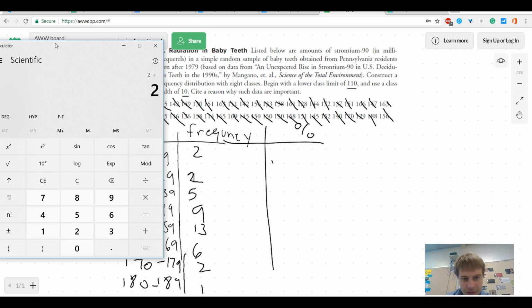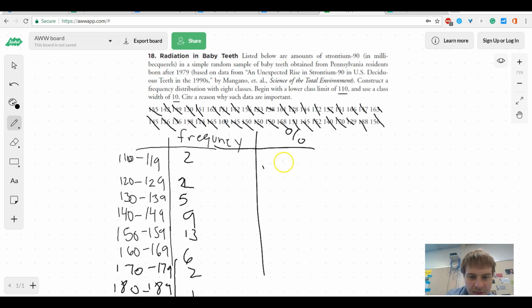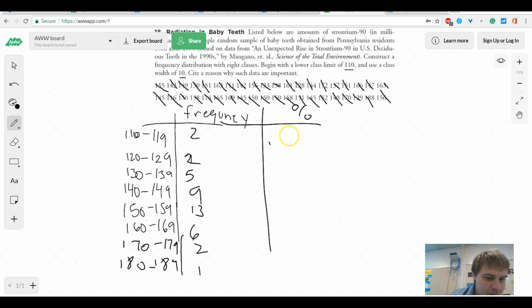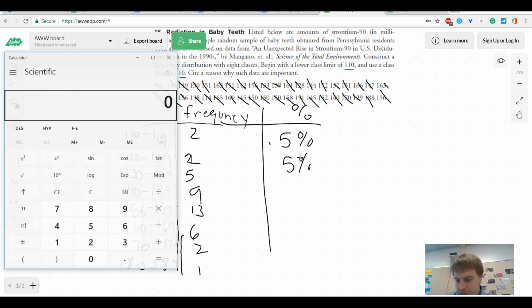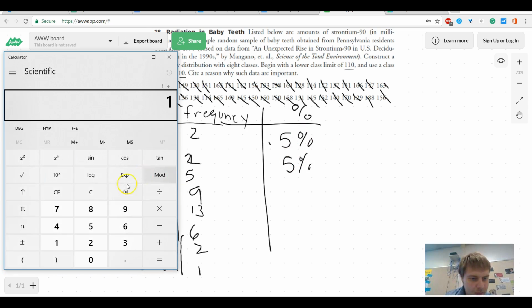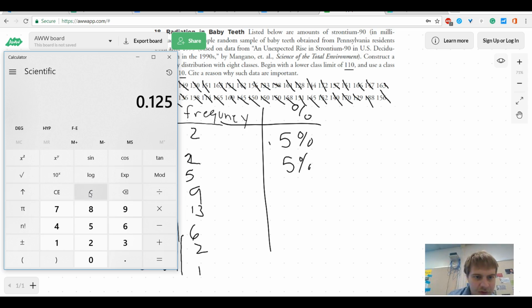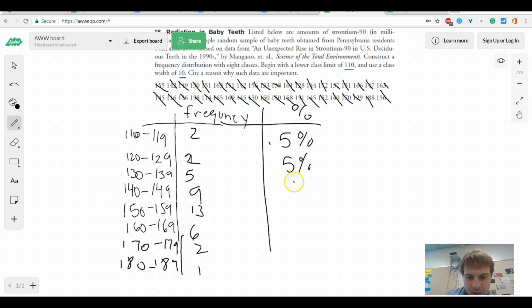So 2 divided by 40 is going to be 5%. So that would be 5%. This would be 5%. 5 divided by 40 is 12.5%, or about 13%.